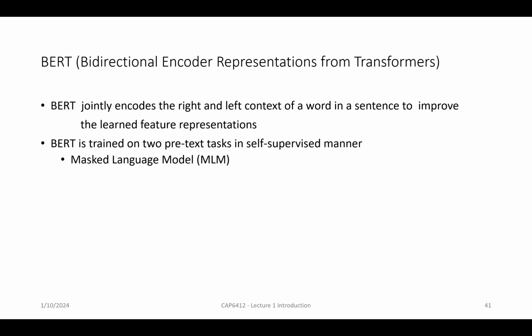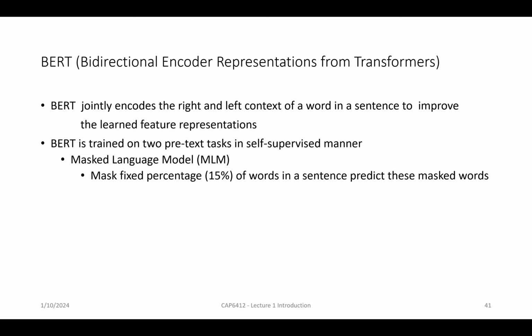It will predict something, maybe wrong. We will look at the difference between what it predicts and the ground truth, and we'll minimize that error. That is where we learn these parameters, the key, query, value parameters and the other parameters we talked about. So it's called masked language modeling.